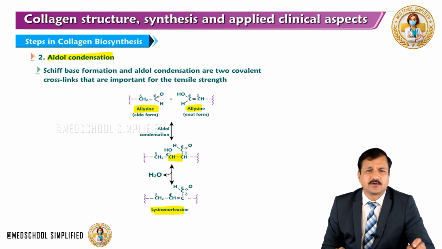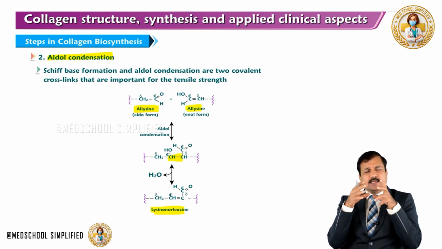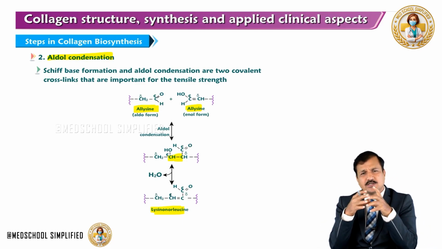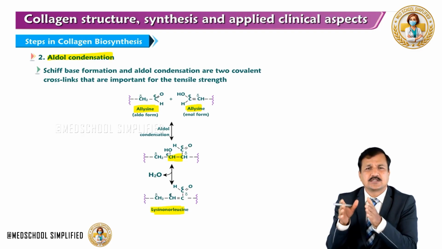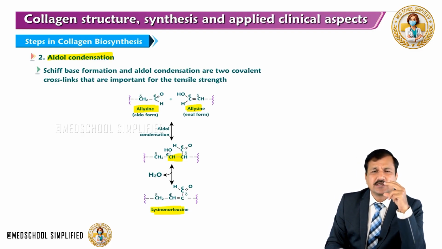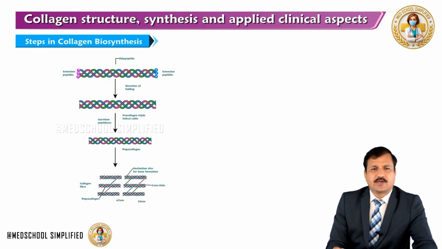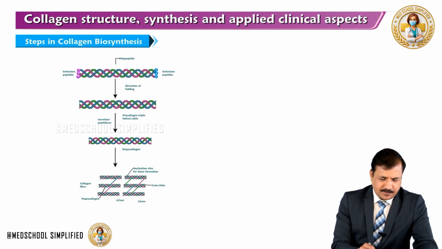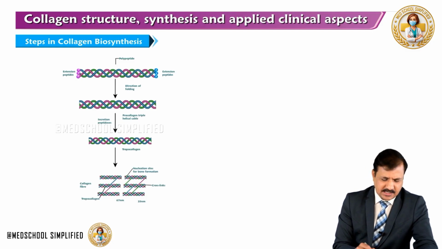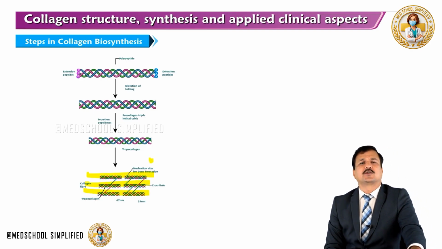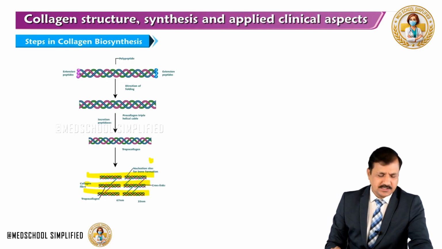So like this, two covalent linkages, Schiff base formation and aldol condensation, make collagen a highly tensile strength molecule, and that's how tropocollagen is matured into a collagen fibril. Alright, now you can see the propeptide extensions are taken out, converting procollagen into tropocollagen molecule, and tropocollagen undergoes a cross-linking process, making a mature collagen molecule with the help of the lysyl oxidase enzyme.